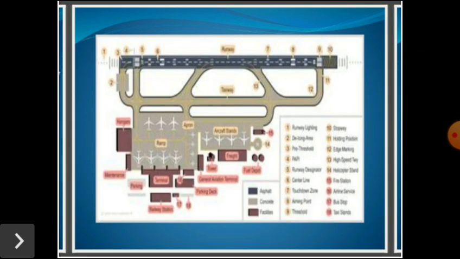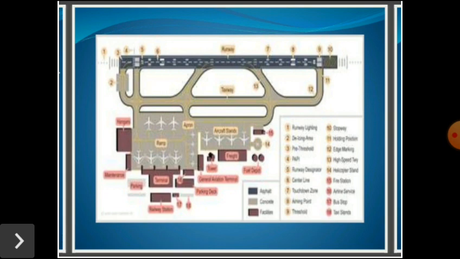The figure shows the layout of an airport. The black shaded area shows the runway. Next, on this side is the terminal area, and in between is the apron. The path connecting the runway and the apron and terminal area is called the taxiway.